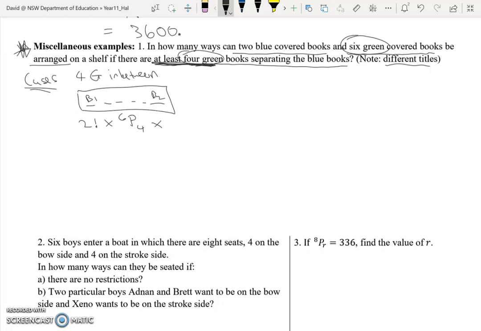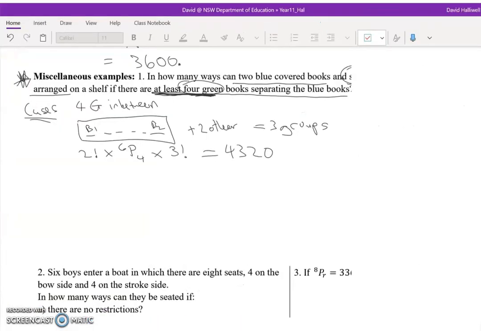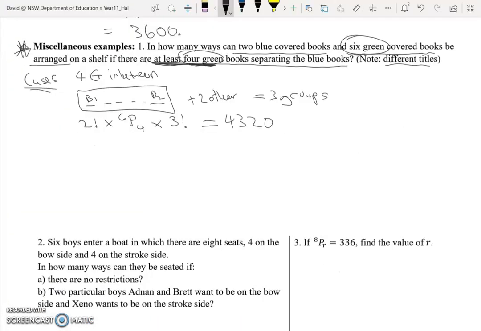We've got 2 more books to go, that would cover all my books. So therefore I've got 3 groups, so I'm going to times that by 3 factorial. When I get that, I get 4320. So that's that case.